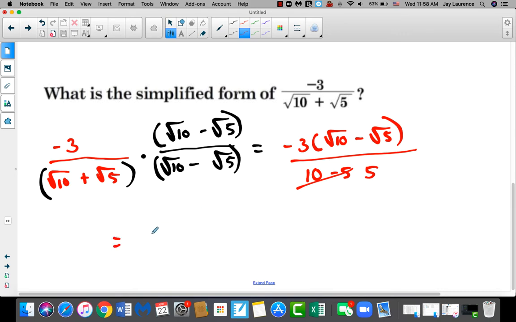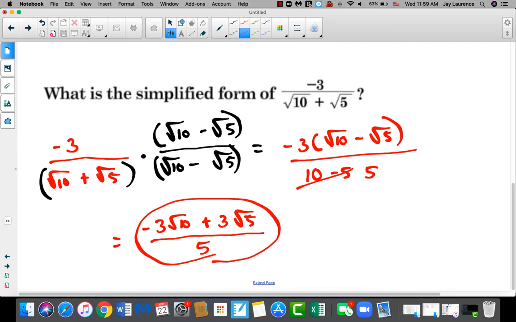So this won't simplify like the last one did, so I'm going to distribute the negative 3 in the numerator and get negative 3 rad 10 plus 3 rad 5, because the negatives canceled out, over 5. And I'm going to go with that as my simplified answer. Notice my denominator is rational. So you never, ever, ever want to have an irrational denominator as a final answer. Okay? All right.